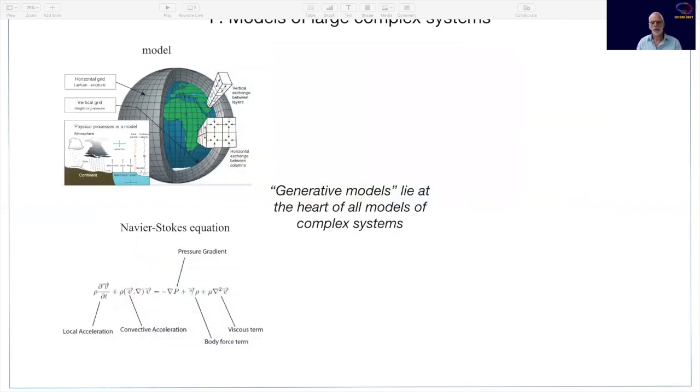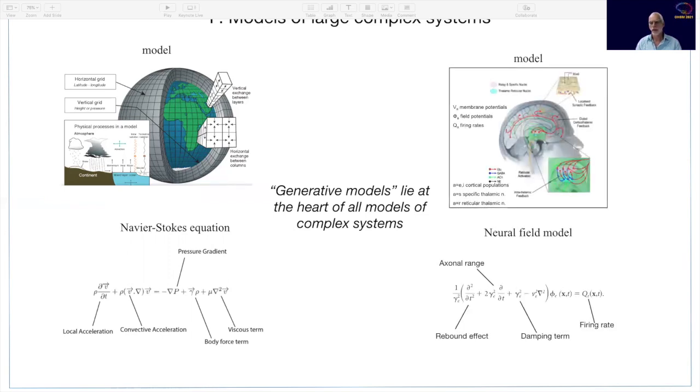So there's a generative model, and if we can do it for the weather, can we do it for the brain? Can we have a generative model of the brain, and can we use it to forecast and understand brain states? So the answer, of course, or I wouldn't be here, is yes, we can. And I'm going to introduce some of these models.